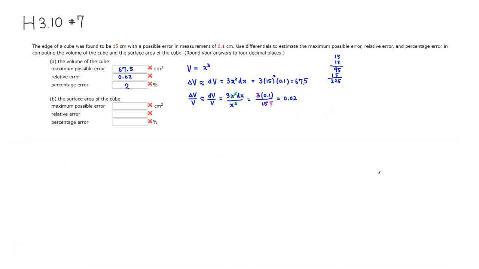Part B is the surface area, so I'm going to call it A. Each face has an area of x squared, and you have 6 of them.